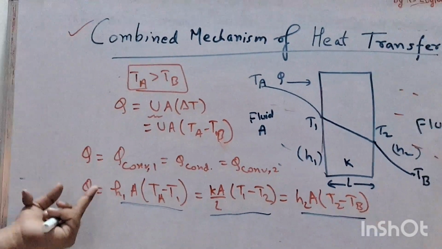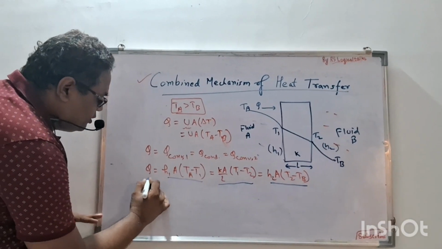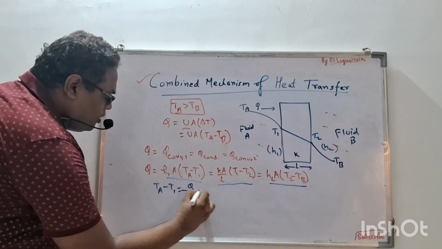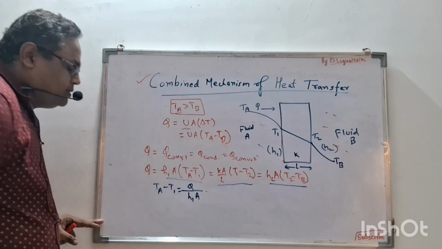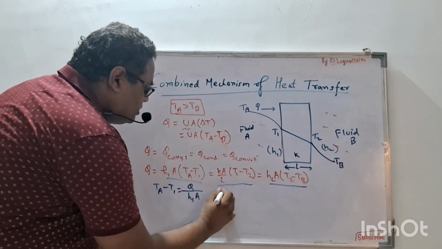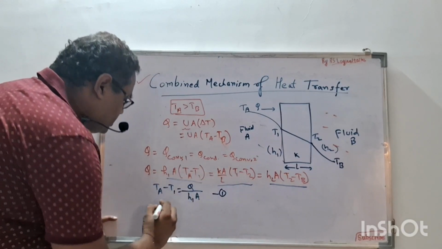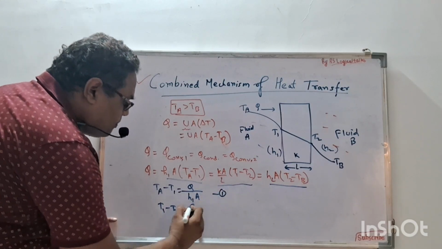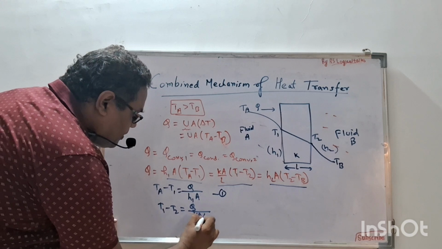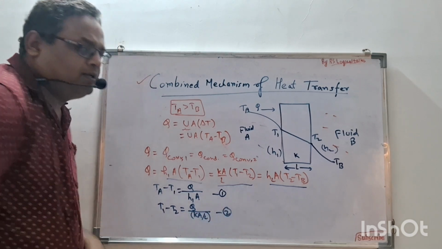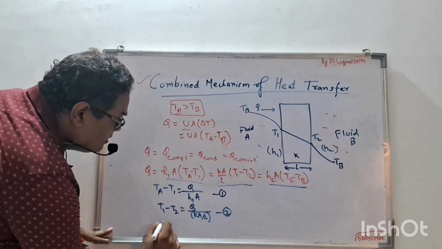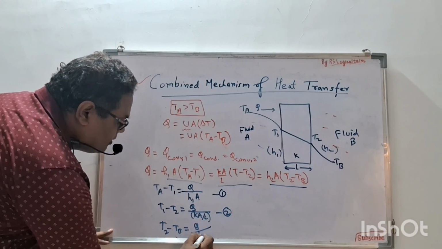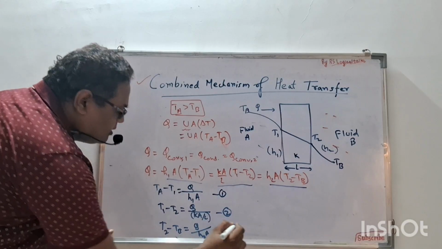When we take the first one with this term, Q with this term, it becomes TA minus T1 equals Q upon H1A. Similarly, equation 2: T1 minus T2 equals Q upon KA by L. And third, T2 minus TB equals Q upon H2A. So this is the third equation.